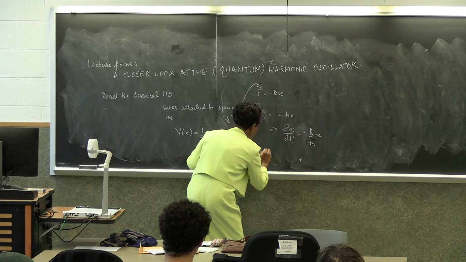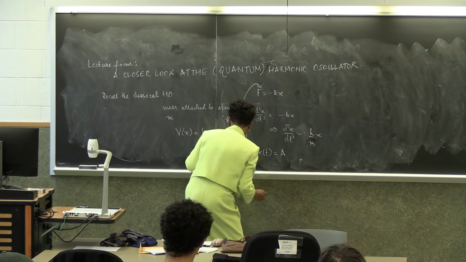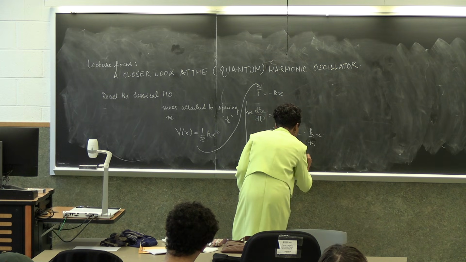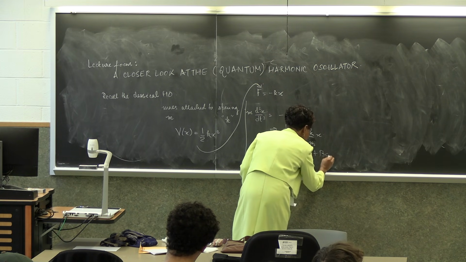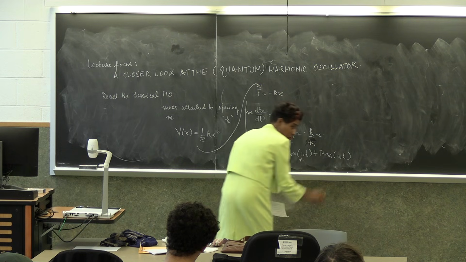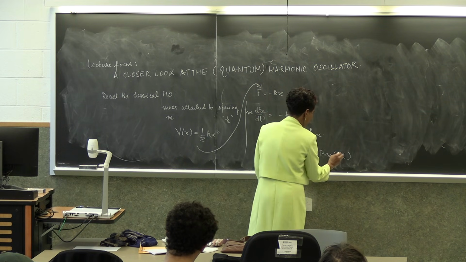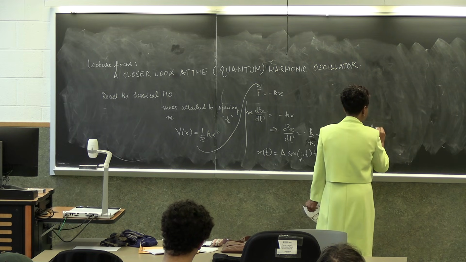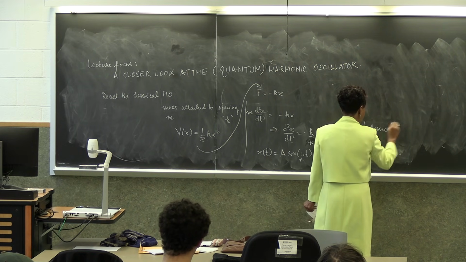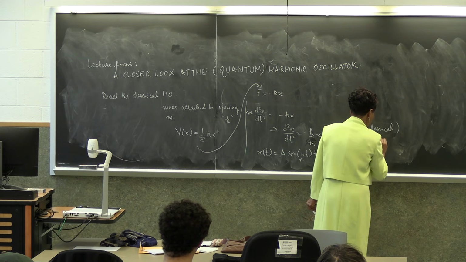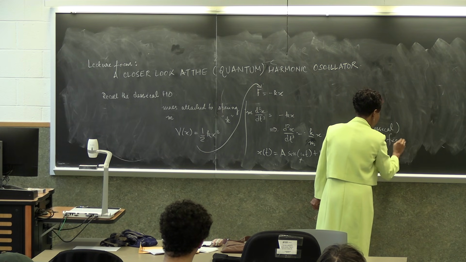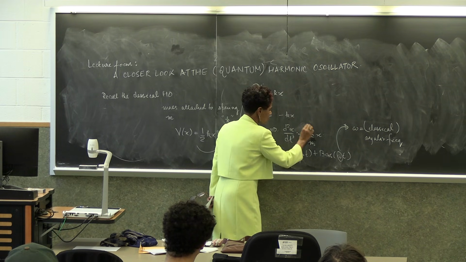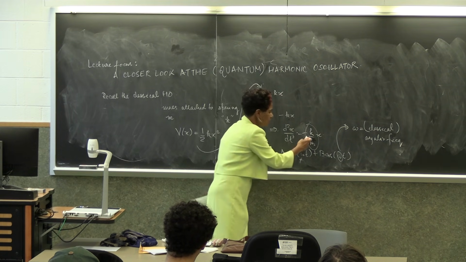And the solution, x of t is a sine omega t plus b cosine omega t, the familiar simple harmonic oscillator, where omega is the classical angular frequency of oscillation, which is clearly related to the spring constant through omega square is equal to k by m.